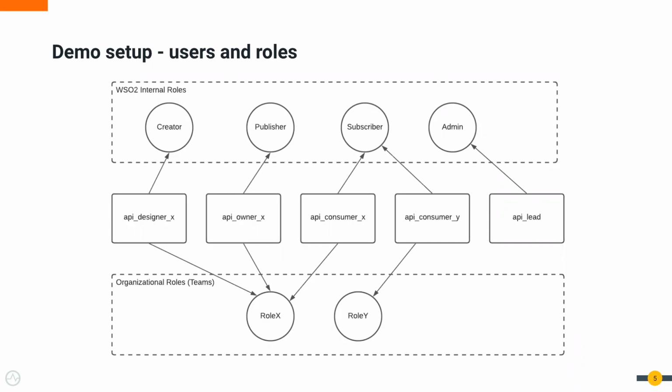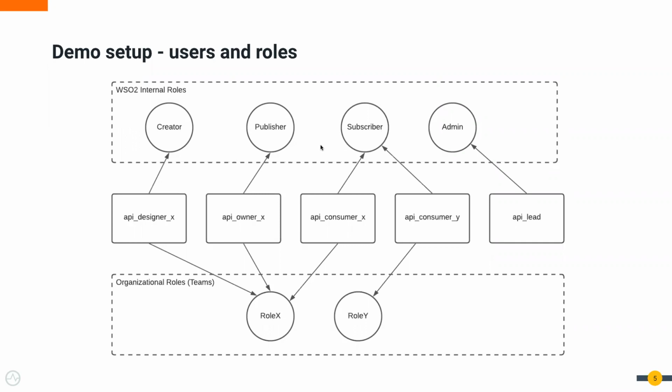For example, API designer X can create an API, let's say API X. Then another user, let's say API designer Y with role Y, cannot actually access the API X. So the idea is two different teams, Team X and Team Y, can manage their own APIs, and they can create, publish, and subscribe their own set of APIs while using the same underlying platform.